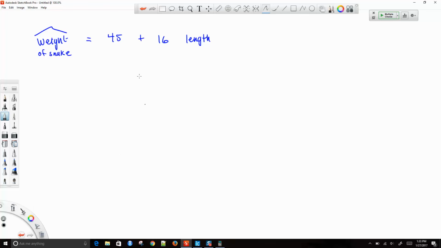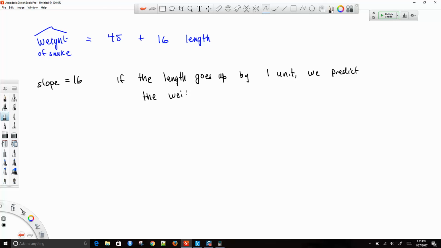But here the slope is 16, and that means if the length goes up by 1 unit, 1 inch, 1 whatever, we predict the weight to go up 16.